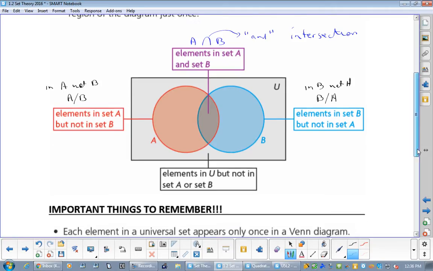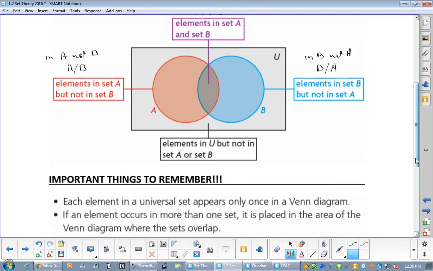Now, the only thing we haven't talked about in here is this, when I go A union B. So this stands for union.